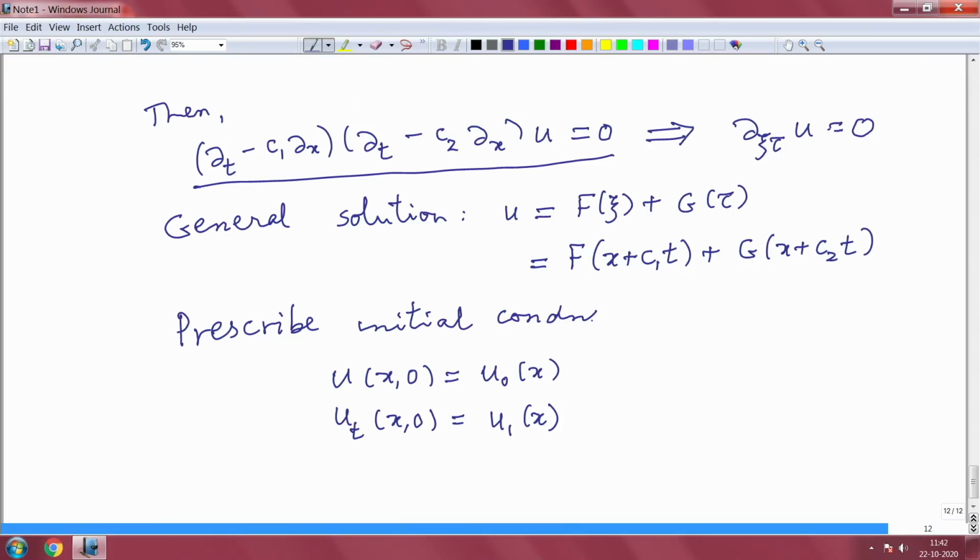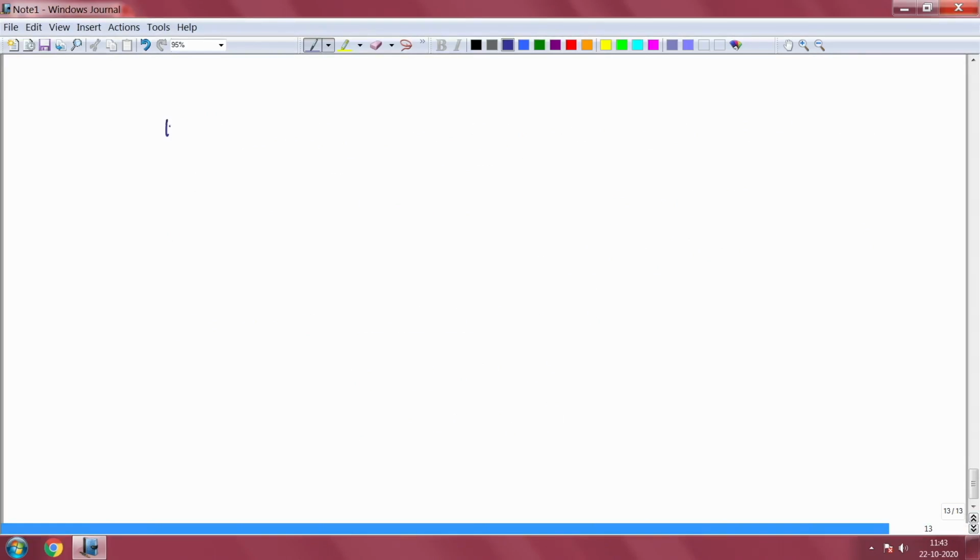So, I am omitting some computations, but they are easy ones, just like we did for the D'Alembert's formula. D'Alembert's formula generalizes to this. Okay, so let me write down the solution.